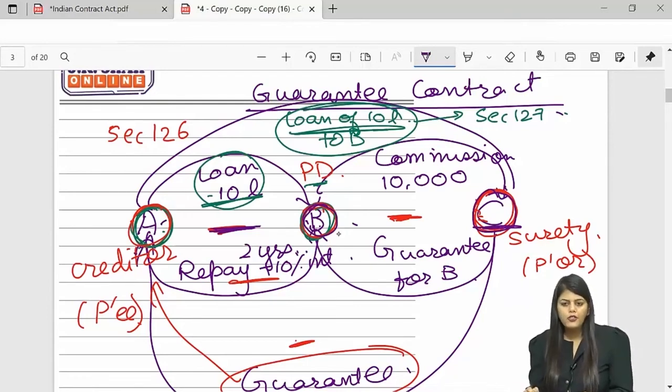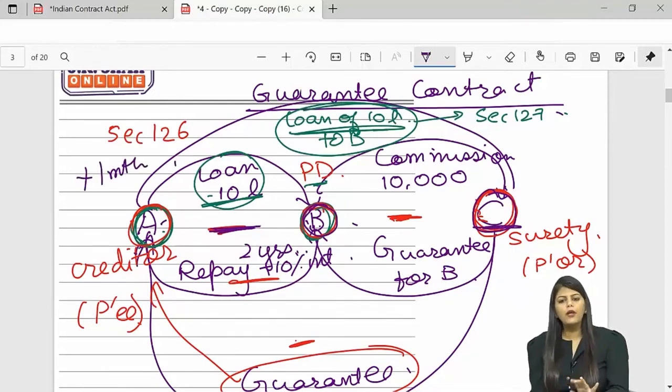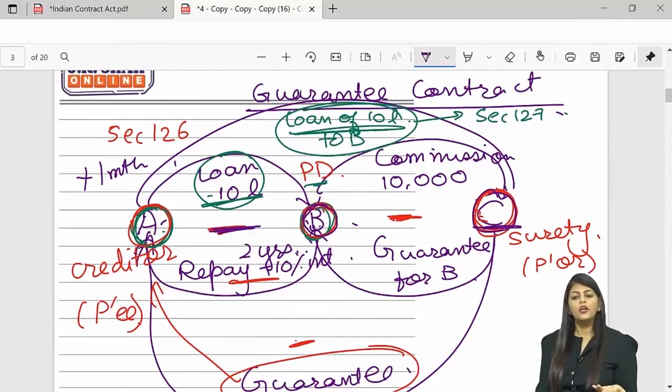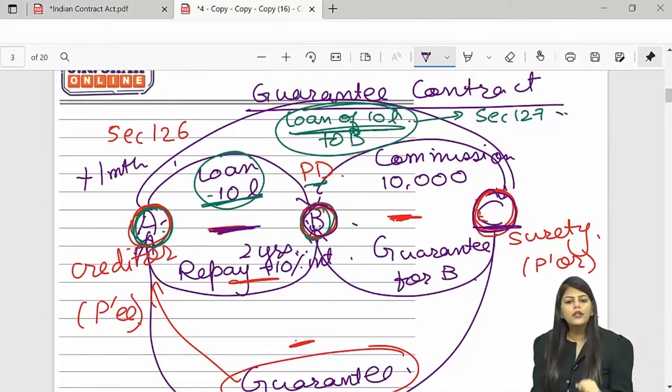So, if B defaults, A sued B after 1 month. It's okay. 1 month is okay. So, A sued B but after a delay of 1 month. Still, A could not get anything from B. Therefore, A went to C. C tells A, since you delayed the suing, I am discharged. A is like, why are you getting so excited?